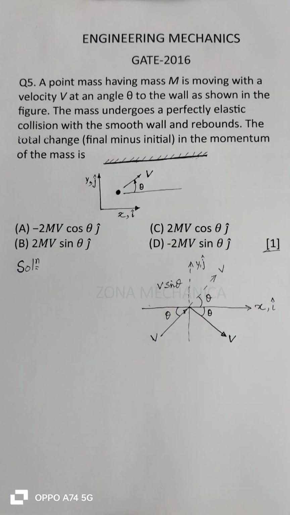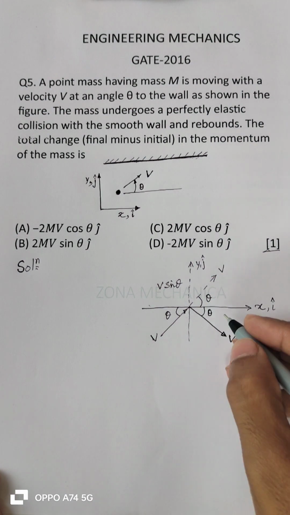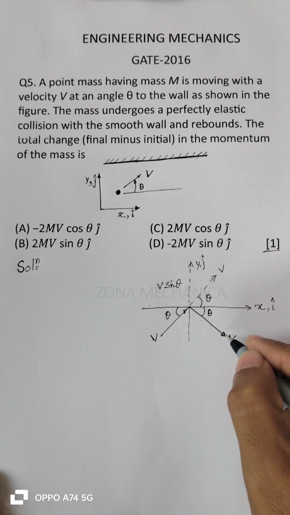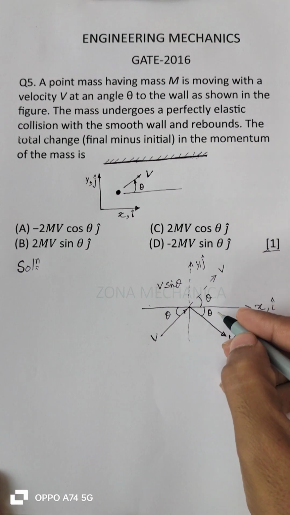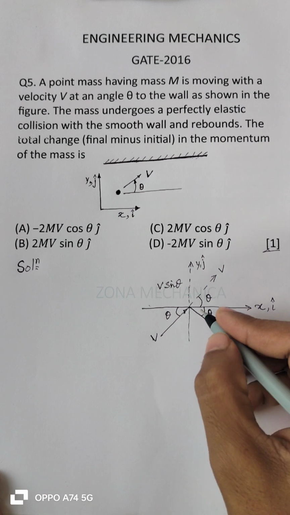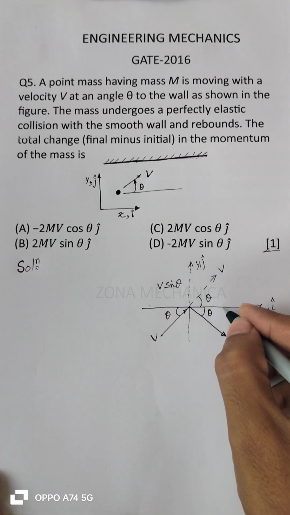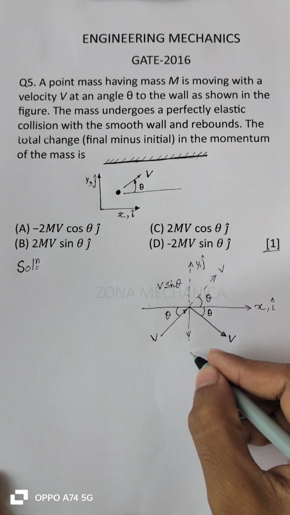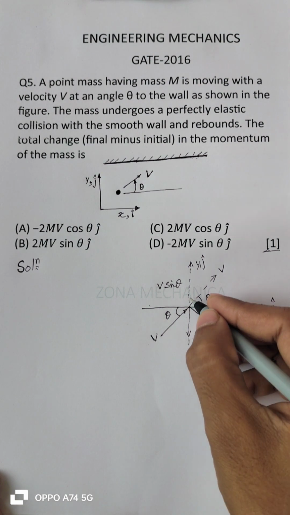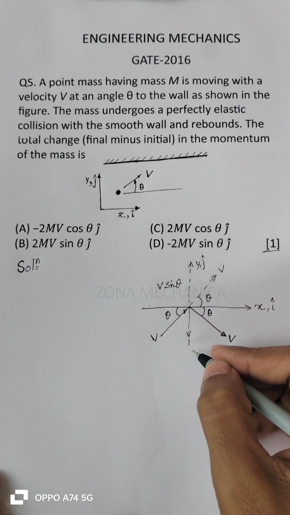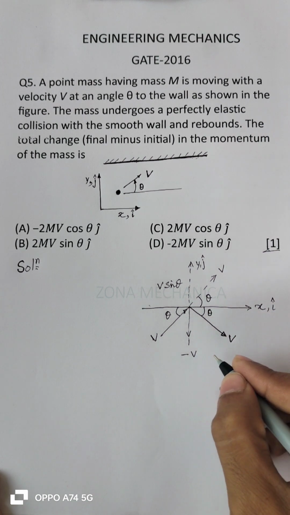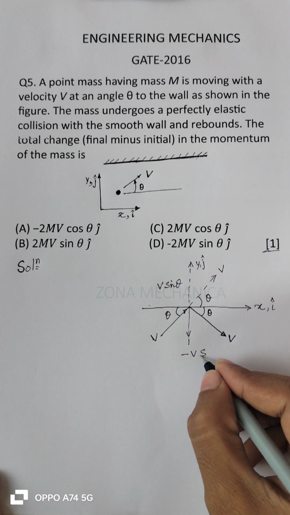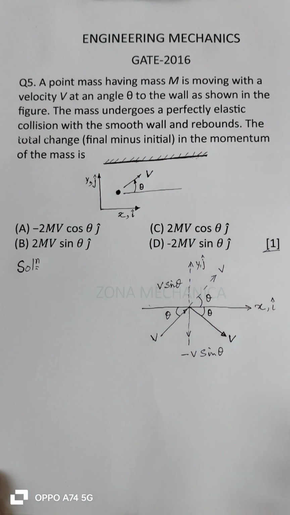So this is the initial velocity along y-axis, and for the final velocity, velocity of separation, this is theta, so this component will be v cos theta and this component will be v sine theta, and since it is along negative y-axis, it will be minus v sine theta, right?